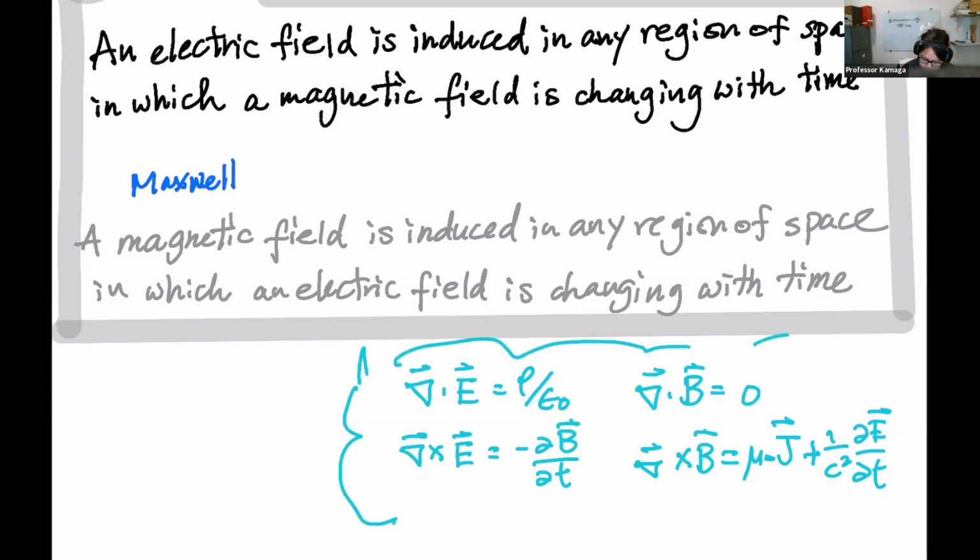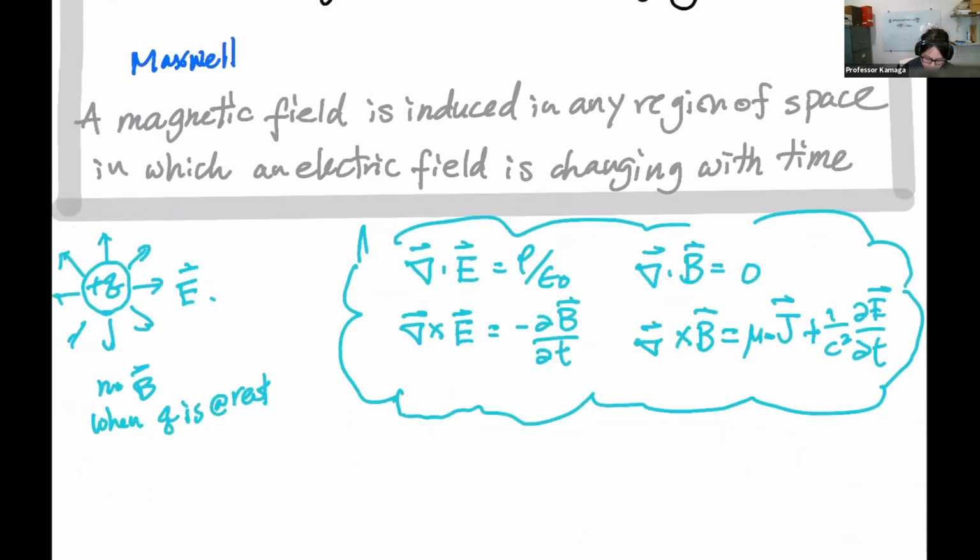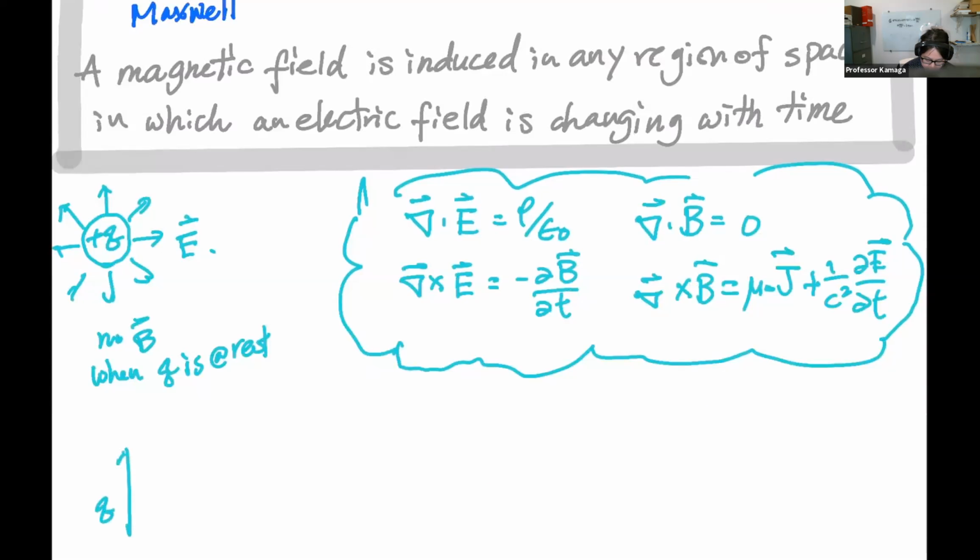What this is saying is that if you have a stationary electron, remember, a stationary charge produces an electric field, not a magnetic field, when Q is at rest. Only when Q is moving does it generate both.